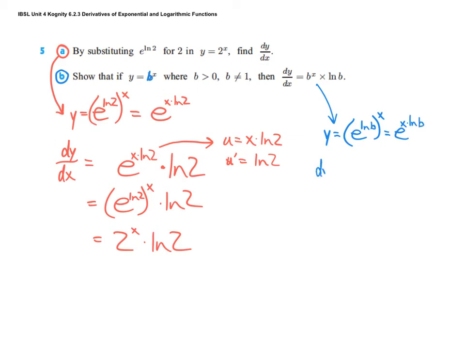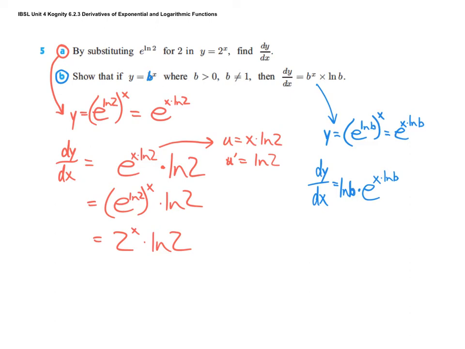And now when I do the derivative, the derivative of e to a power is e to the power times the derivative of the power. What's the derivative of x times ln of a constant? It's just the ln of b. So I'm going to multiply this by ln of b.